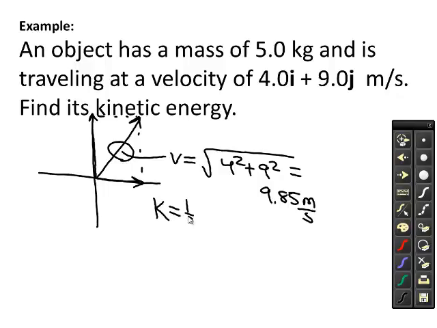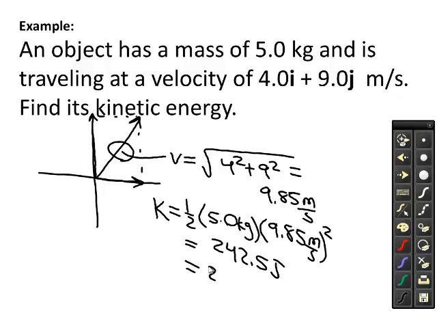Kinetic energy is 1/2 the mass times v squared. So take my answer, square it, multiply by 1/2 of 5, and guess what? We get 242.5.